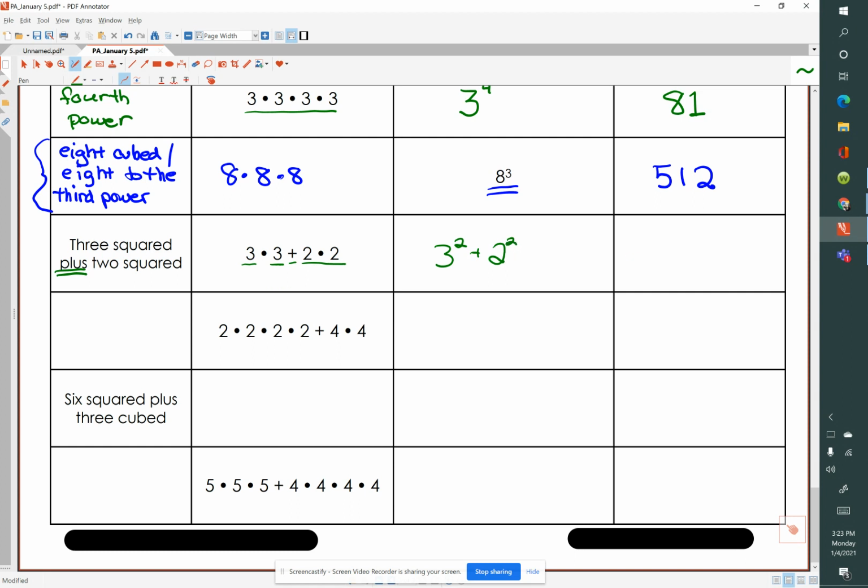Now let's evaluate that so that we can write it in standard form. 3 squared is 9. 3 times 3 is 9. And 2 squared, 2 times 2 is 4. 9 plus 4 equals 13.